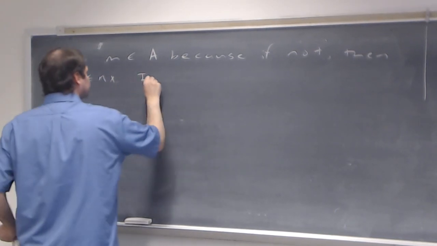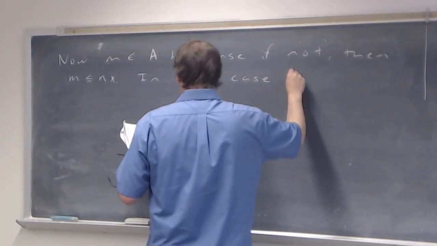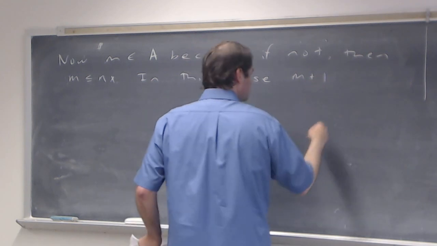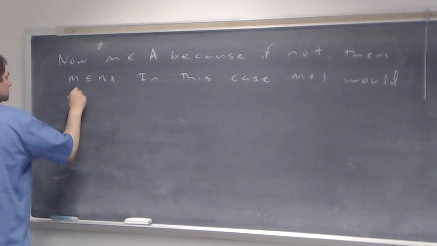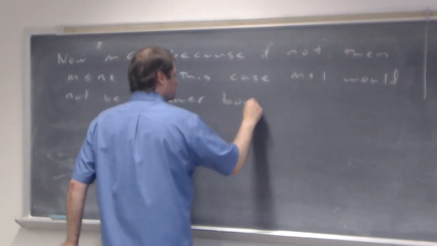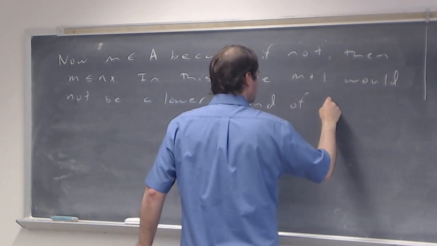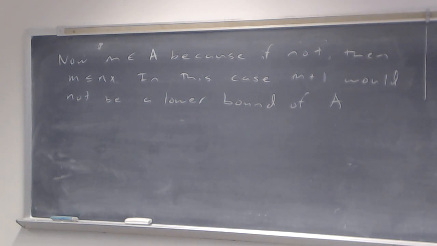In this case, m plus 1 would not be a lower bound of A, because m is the infimum. If you give me something bigger, it's not a lower bound.